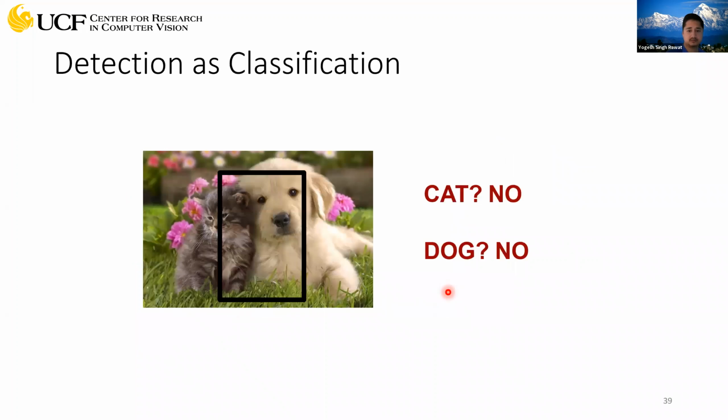So as a solution, we reflected back on our original solution, where we were using the sliding window and extracting the features, then doing the classification. So then we talked about how we can use the sliding window, but use a CNN to extract the features.